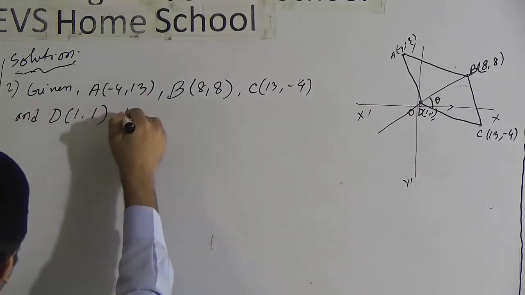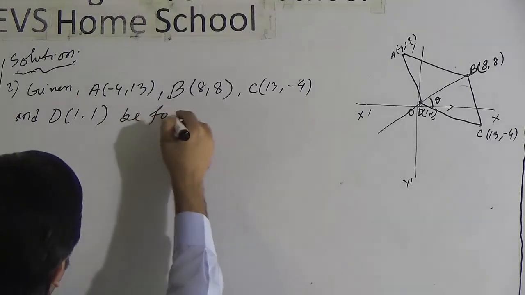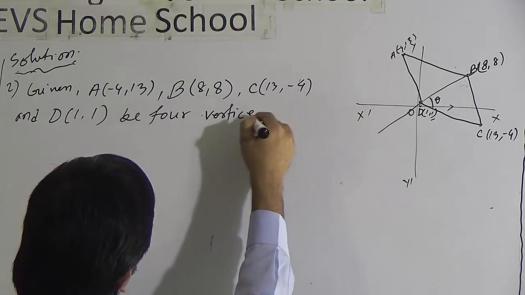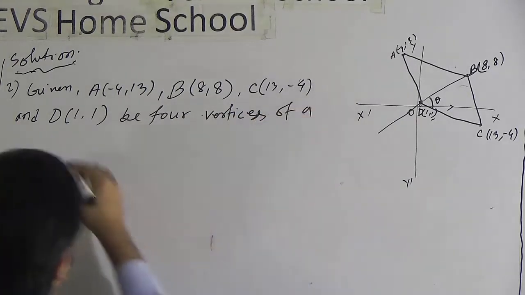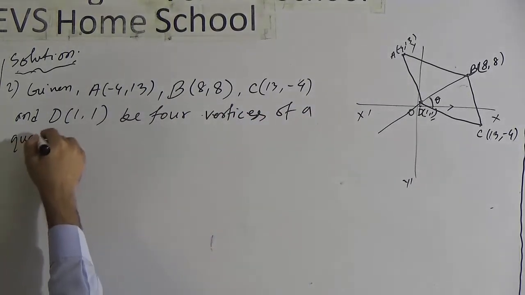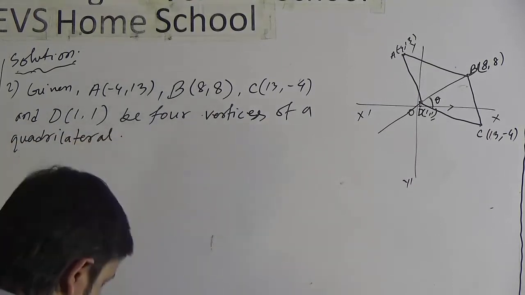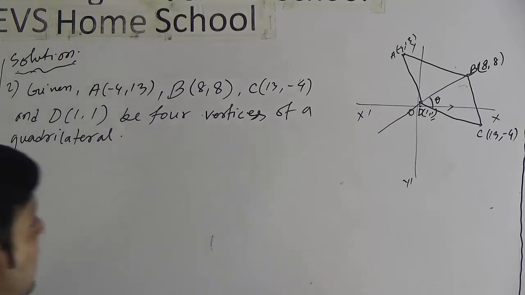These are the 4 vertices of a quadrilateral. Now we can determine the length of the side AB.